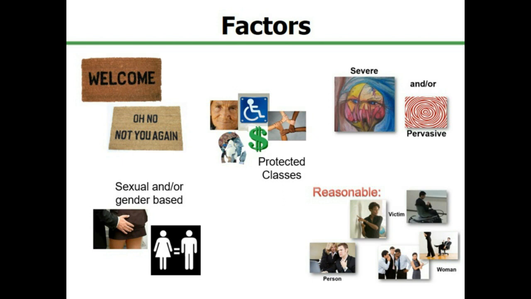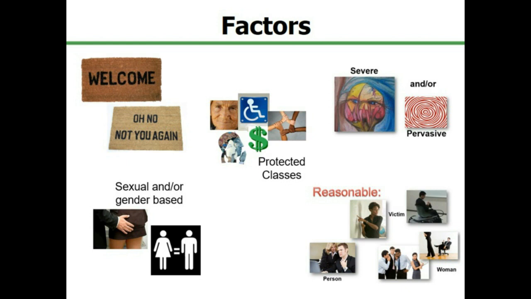So the same thing is true for the other protected classes. Let's say Johnny only bullies Blacks or LGBTQ or Muslims or people that are 70 and older. You get the idea.